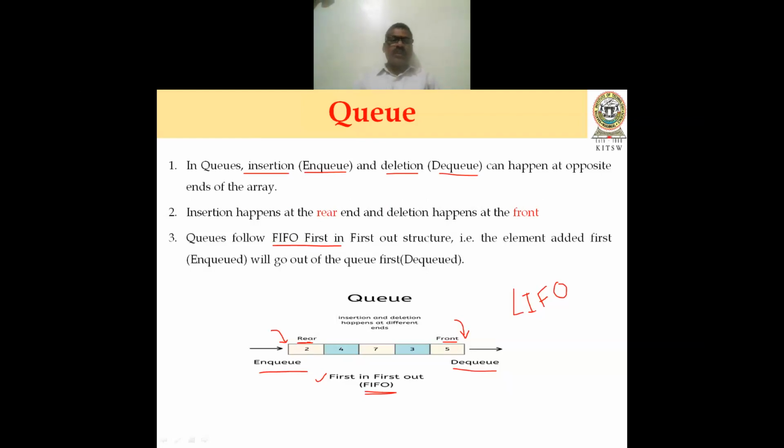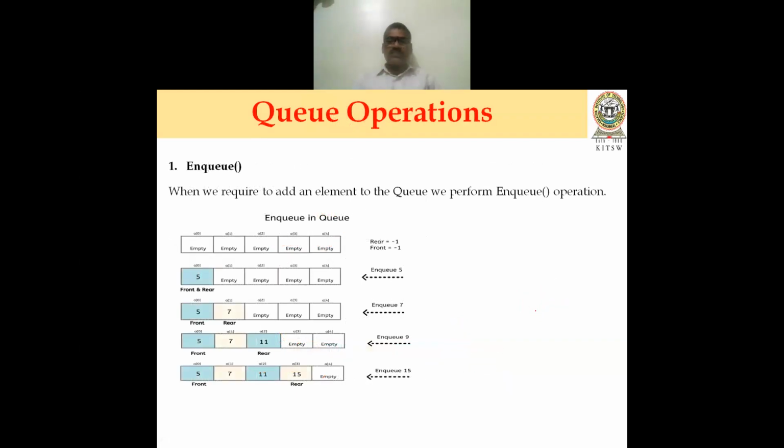Fine. So now the queue operations, NQ first. When we need to add an element into the queue, we perform the NQ operation. Initially, rear equal to front equal to -1, so all the array elements are empty: A of 0, A of 1, A of 2, A of 3, A of 4. We are assuming an array of size 5, and initially there are no elements in the queue.